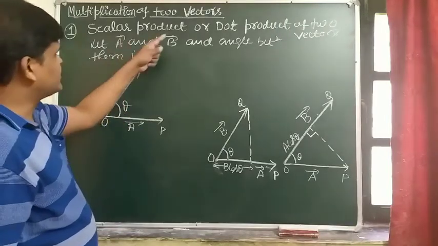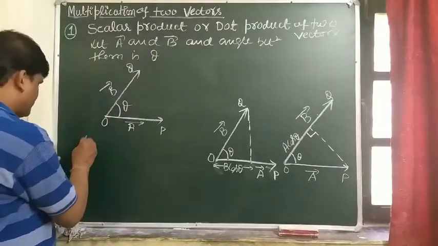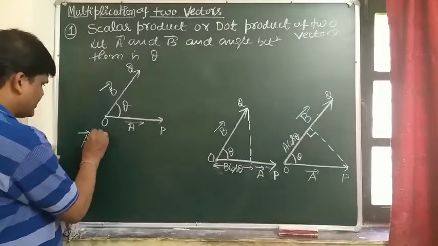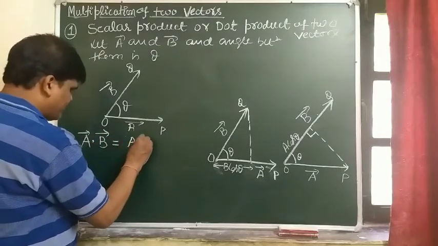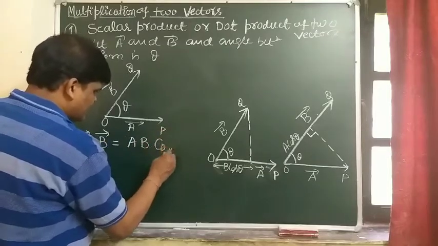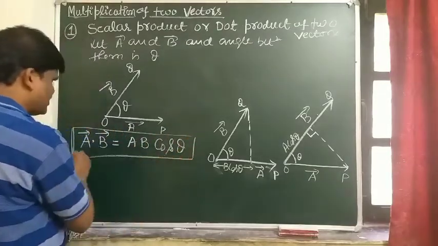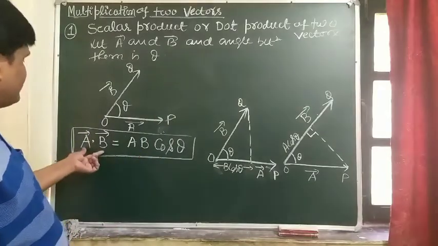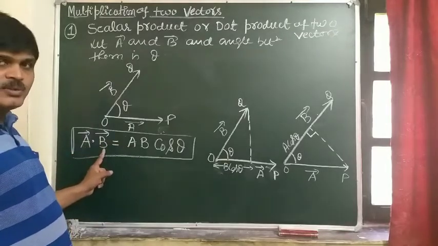For two vectors, vector A and vector B, with angle theta between them, the scalar product or dot product, vector A dot vector B, is written as AB cos theta. This is the formula for the scalar product of two vectors.